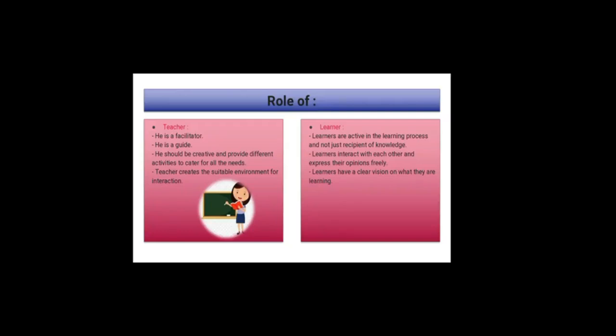He provides a lot of different activities, and also creates the suitable environment for the interaction, which is going to leave the learners active and attentive, focusing on the learning process, and having a clear vision on what they are actually learning. Learners also interact between each other, since the teacher creates the adequate environment for that.